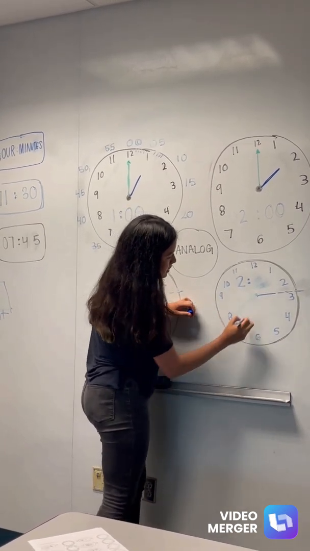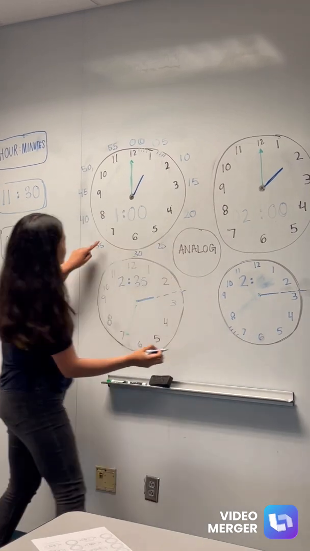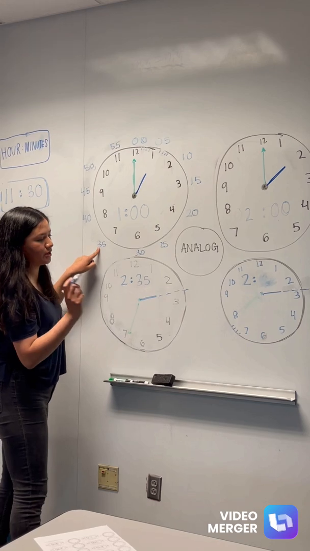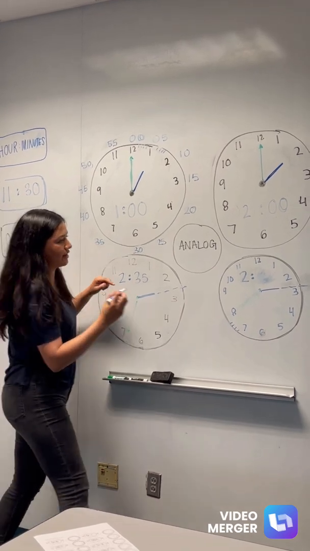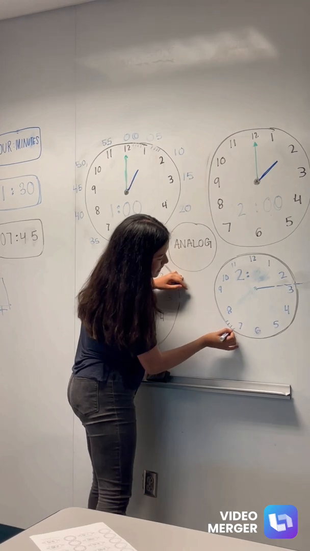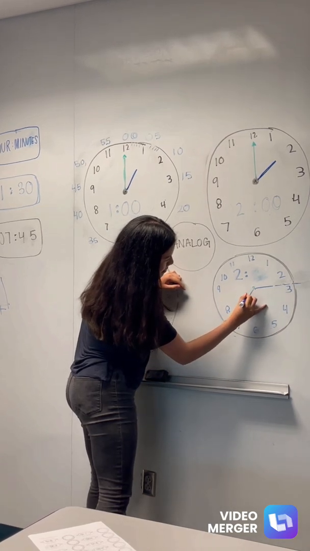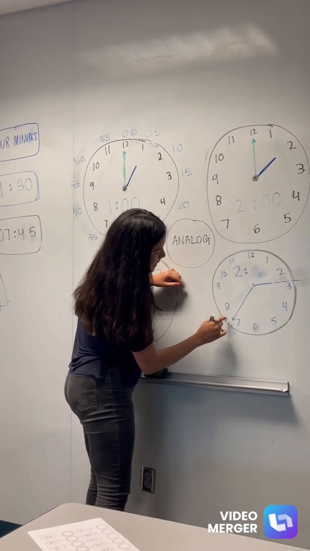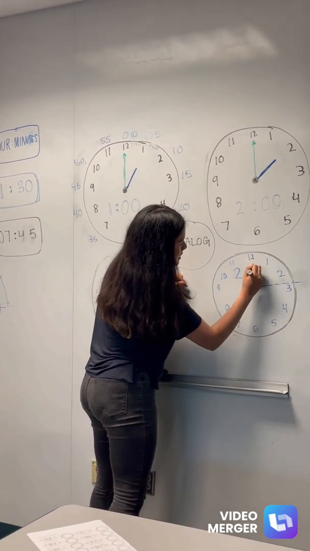So, this would be, like it says up here, 2:35. So, how many ticks would we go up to make it to 2:37? 2:35, 2:36, and the minute hand would be pointing right here, in between the 7 and the 8, at 2:37.